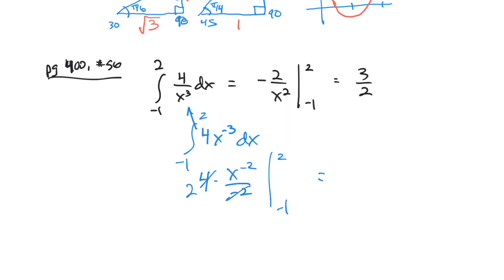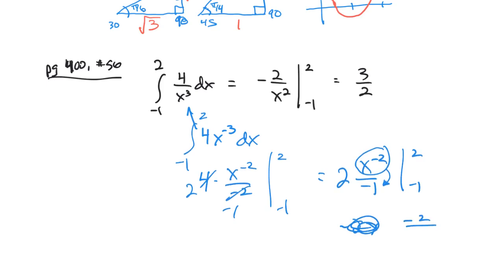That's just 2. That's like a -1. So we have 2x to the -2 over -1. And then this, we can make a positive if we bring it down here, and this is just division by -1. So we end up with -2 over x squared. So just wanted to show you that's right.